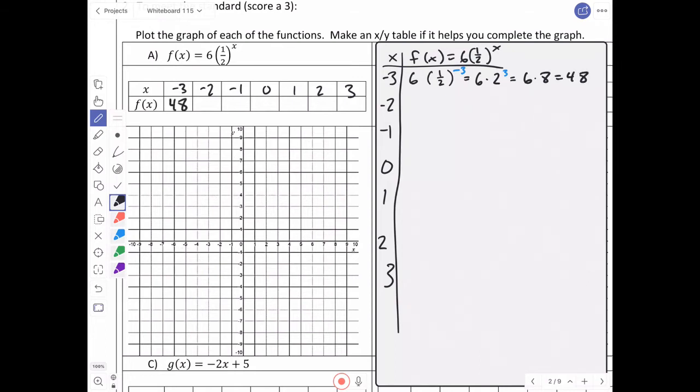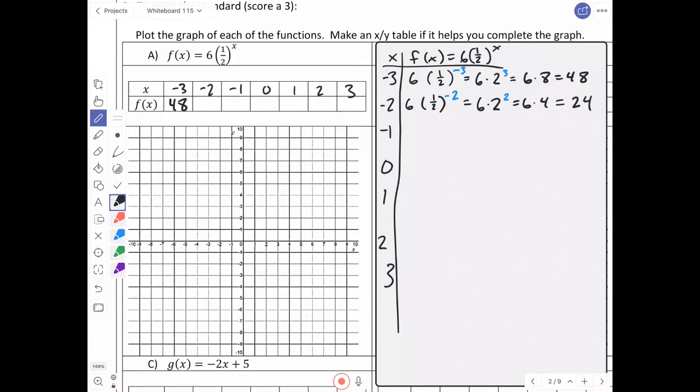Well, that doesn't really fit on my graph very well. Oh well. 6 times 1/2 to the -2 equals 6 times 2 to the +2, equals 6 times 4, equals 24.